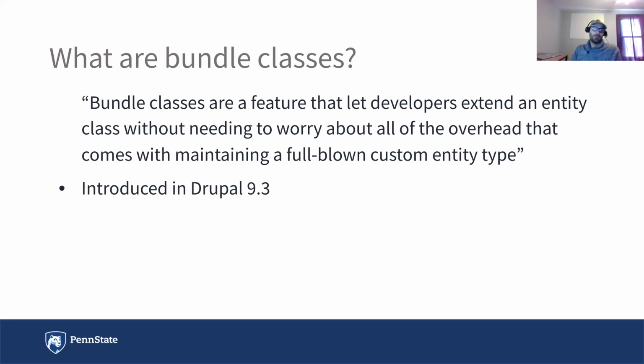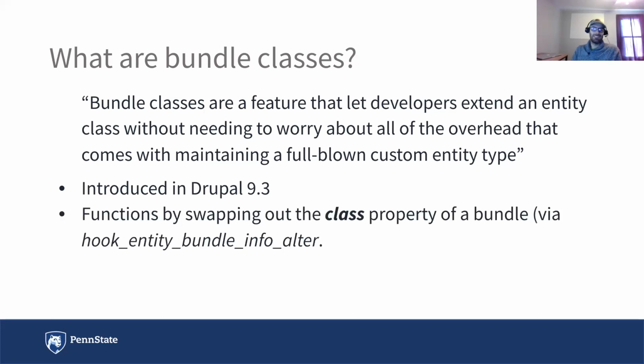They landed in Drupal 9.3, which was roughly about the same time that we started talking about this migration project, which was really convenient timing wise. Under the hood, it functions just by swapping out the class property of a bundle. Typically that's done through hook entity bundle info alter. Just a couple lines of code, swap out the class.